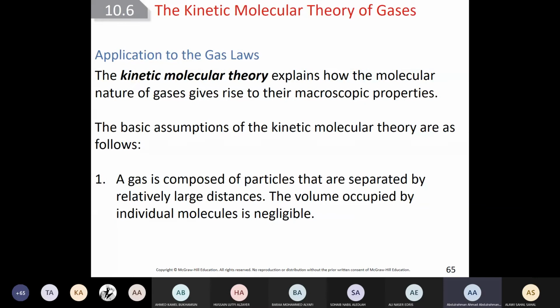We're going to talk about the theory. This theory is called the kinetic molecular theory of gas. What's the meaning of kinetic? Motion. It's related to motion. So what are you going to calculate if it's related to motion?